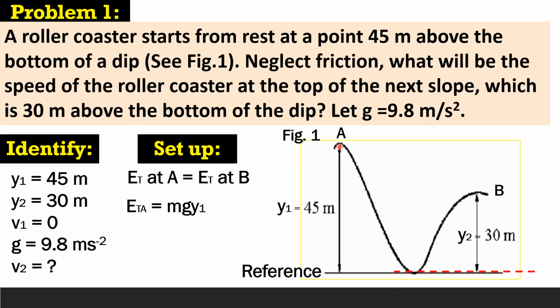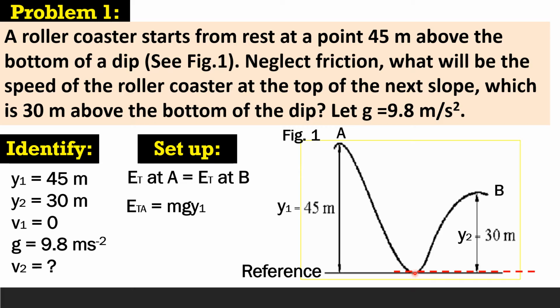Now, when the roller coaster moves downward and rises up to point B, what happens is, as the roller coaster is descending from point A to the bottom, it is decreasing its potential energy, but it is gaining kinetic energy.